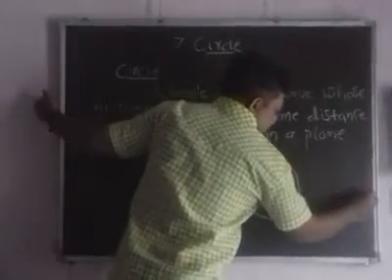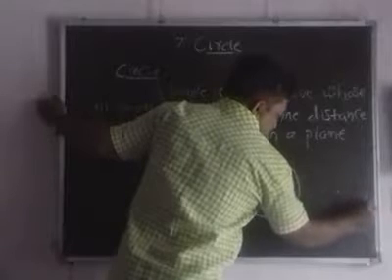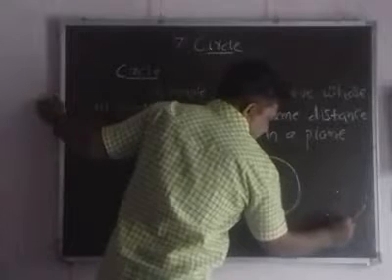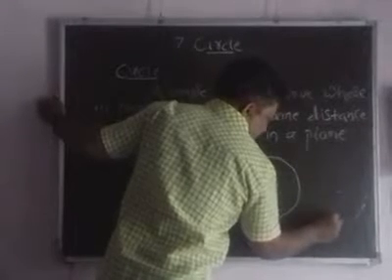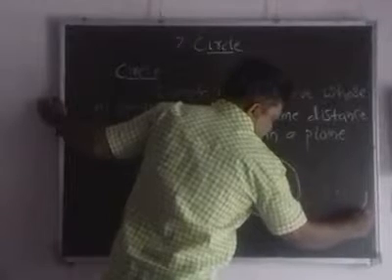When so many points are at the same distance, when points are close to each other, we will get a curve.